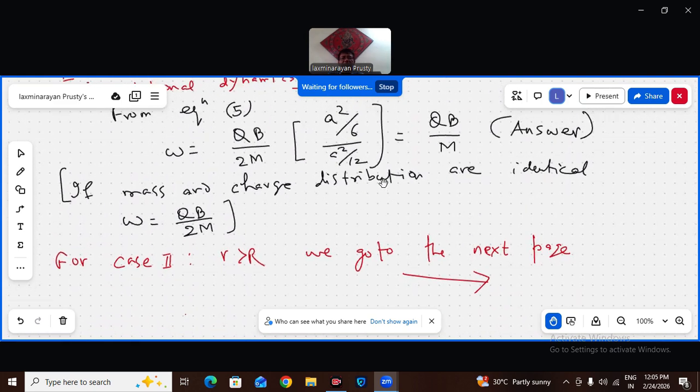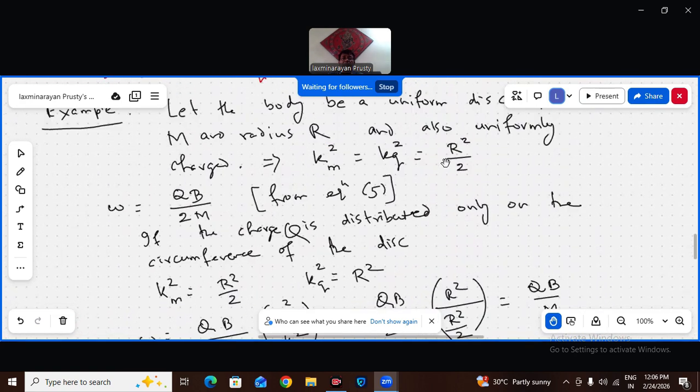Okay, if the mass and charge distribution would have been identical, that means charge would have been distributed uniformly throughout the area of the triangle, then it would have been qb by 2m because kq and km would have been same. So this would have been the omega. That's what I wrote. Now for the case 2, if r is greater than R, let's go to the next page for that.